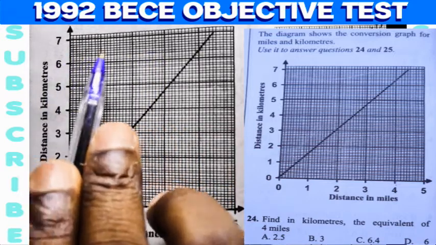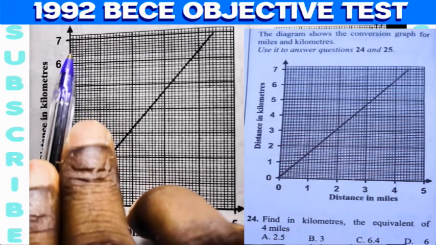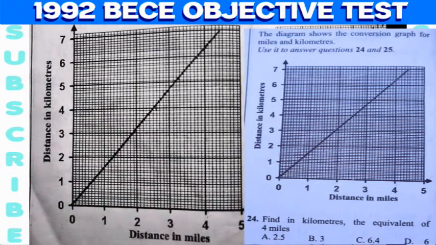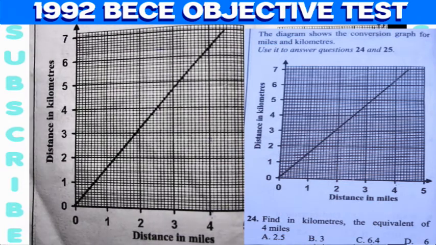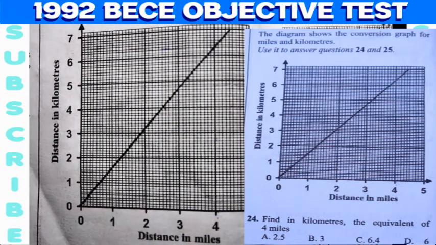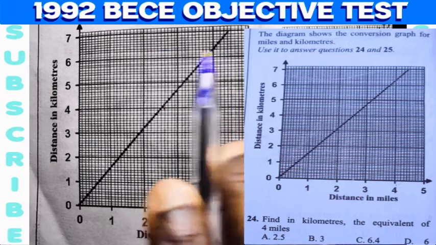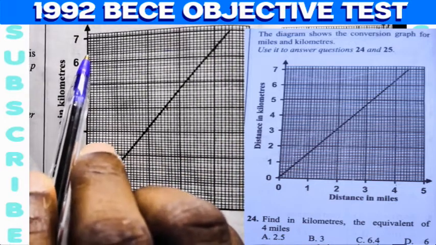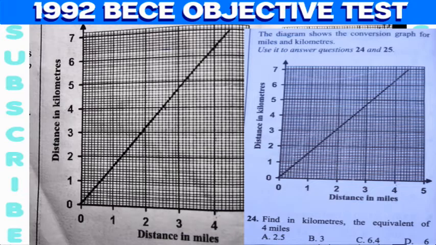That's the 4th one. So the answer to this will be 6.4. So 24, find in kilometers the equivalent of 4 miles will be 6.4. So we are done for question 24.